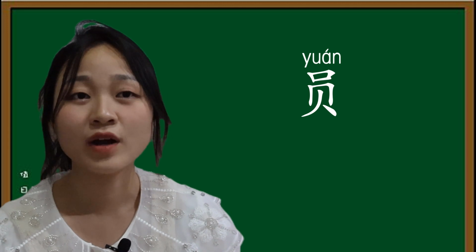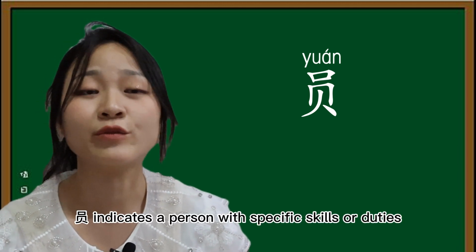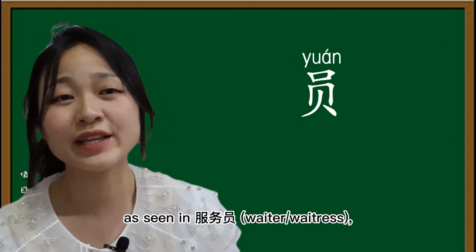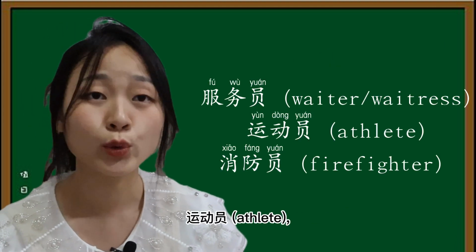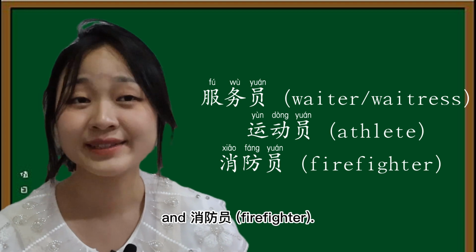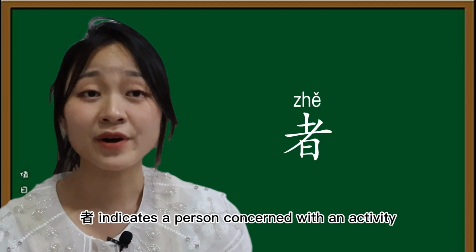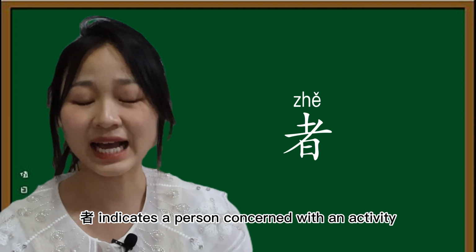For example, 员 indicates a person with specific skills or duties, as seen in 服务员, 运动员, 消防员. 者 indicates a person concerned with an activity.